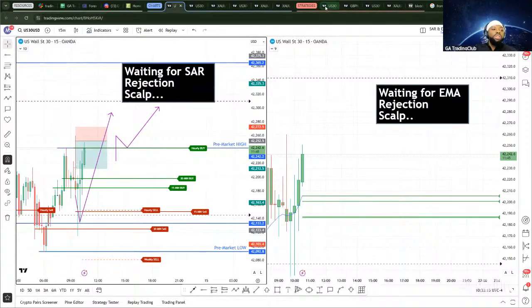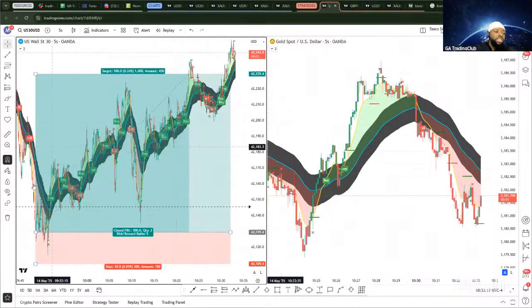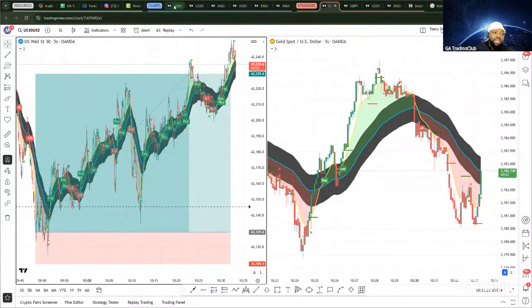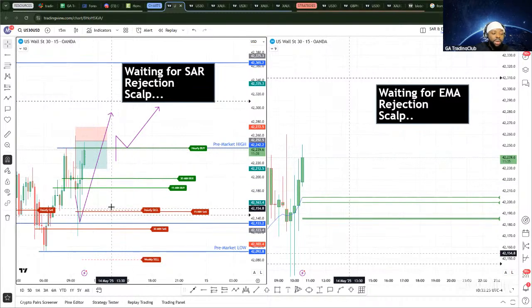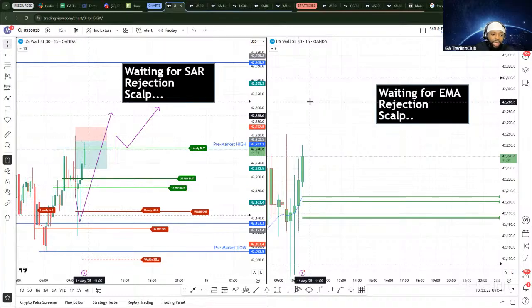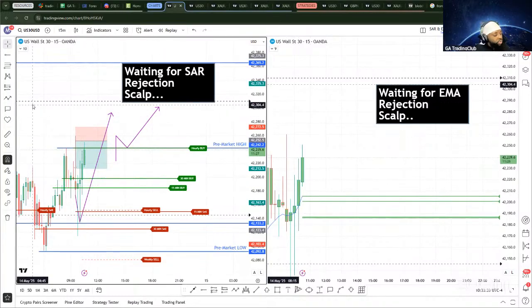So this is maybe some of the ones you can just intraday trade and hold. But again, just as a disclaimer, it doesn't happen every time. There are times price is going to keep going past that EMA and it won't reject from there. So you just have to make sure that you are aware of that.